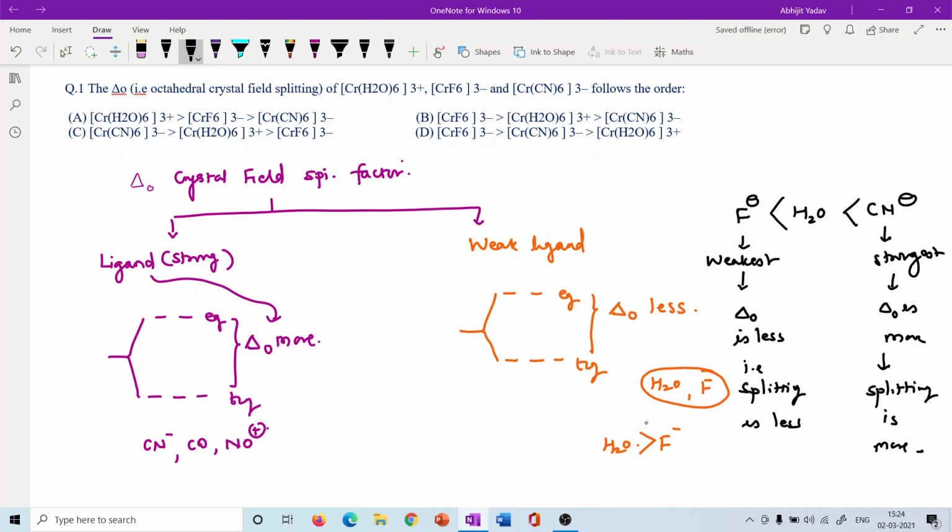Now if we consider all these complexes, the Cr is in +3 oxidation state. Everywhere chromium is in the +3 oxidation state.